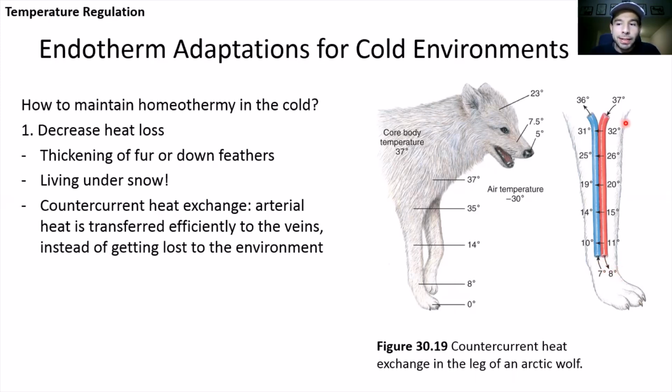But this is a really cool way to retain heat or to decrease heat loss, by tightly coupling the arteries with the veins such that the artery is losing heat to the vein. So here, as blood flows down at 37, it starts losing heat to the vein that's right next to it. And so here it's at 32, and at 26, and at 20.